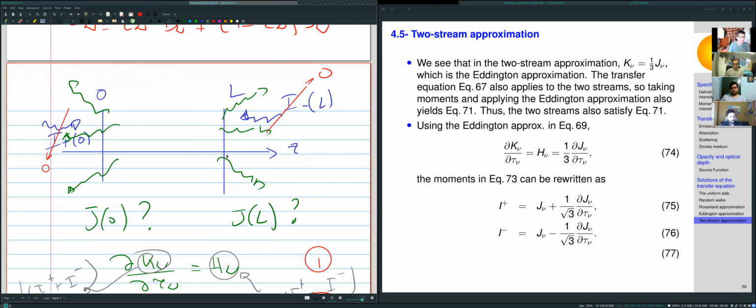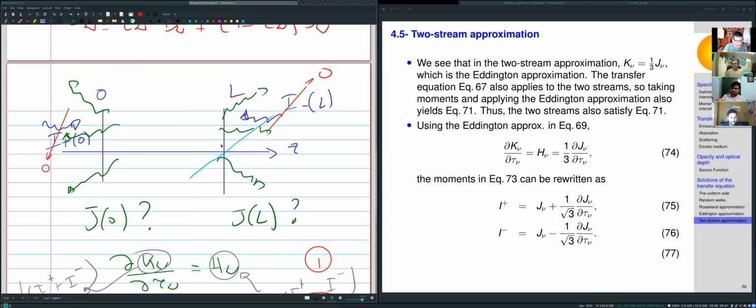Okay, so let me draw this here. I'm saying that in this position, these are the two streams. There. Maybe something a bit messy. Okay, and this other one.